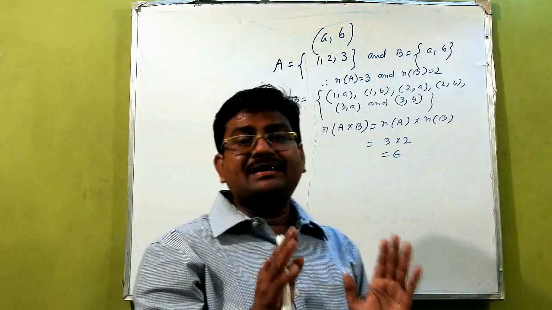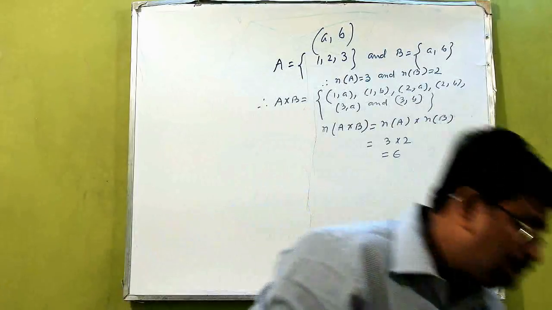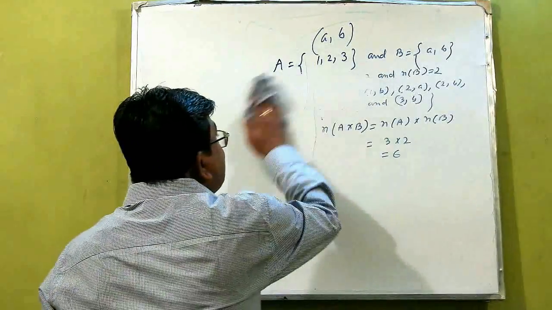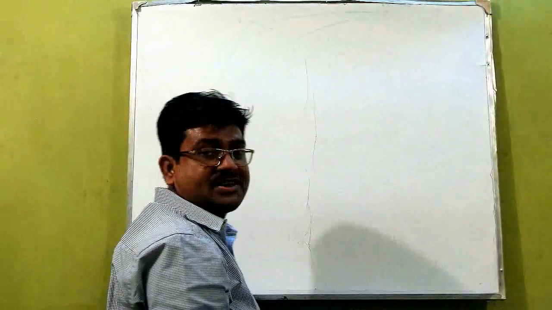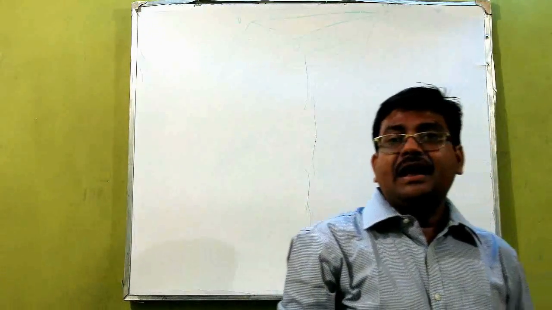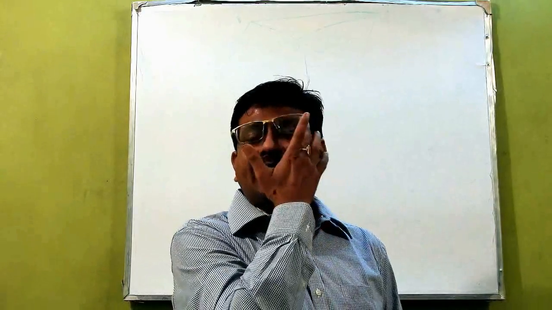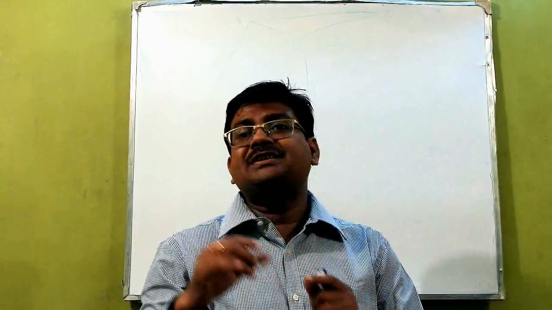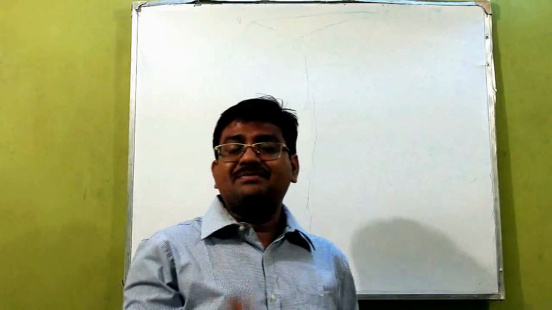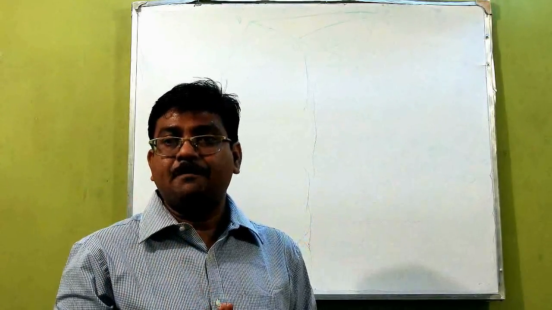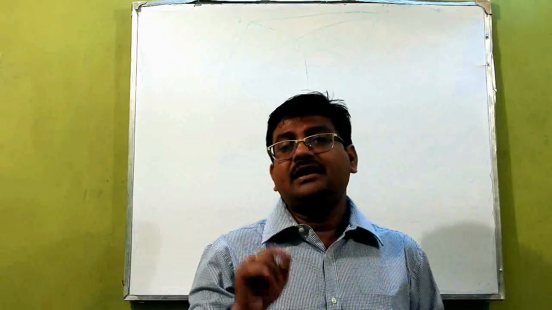Now I discuss the relation. Let us consider capital A and capital B are 2 sets. Then a relation from set A to set B is such that R is a subset of A cross B. Then R is called the relation.